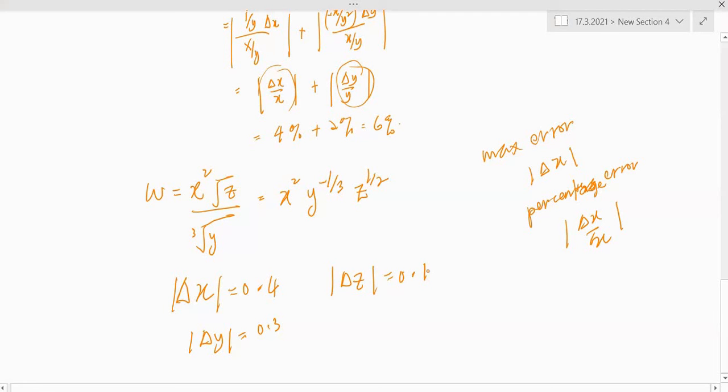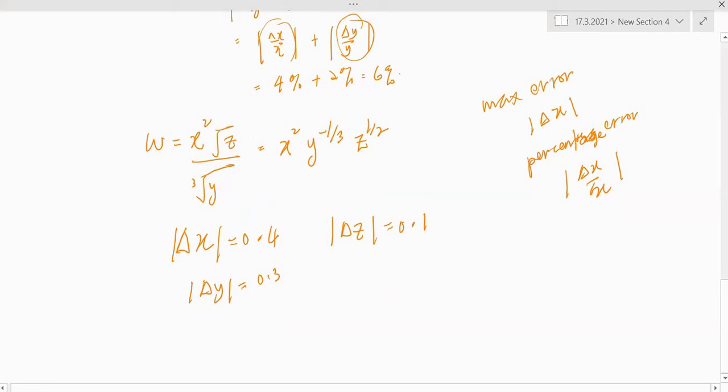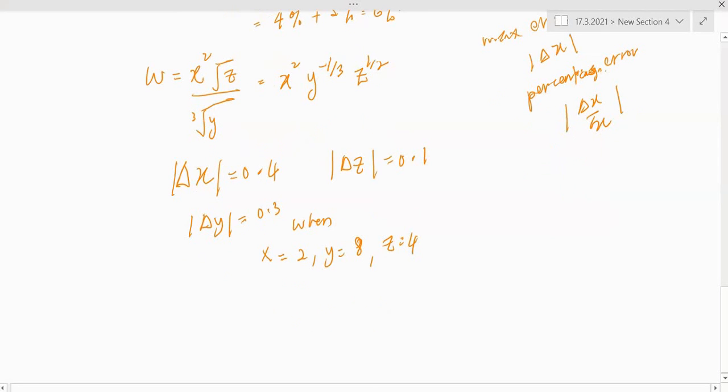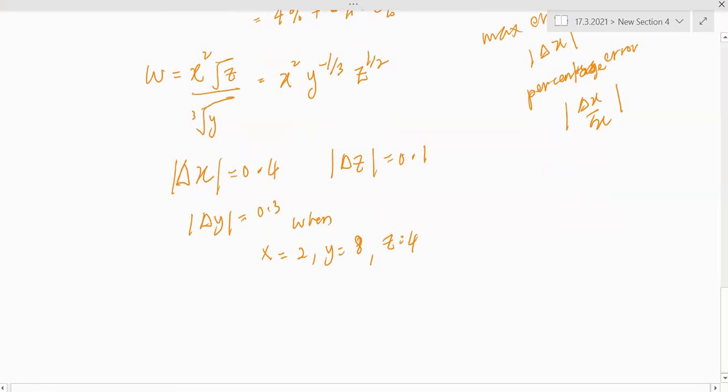When X equals to 2, Y equals to 8, Z equals to 4. This is the question. So you know the formula will be to find the maximum error.